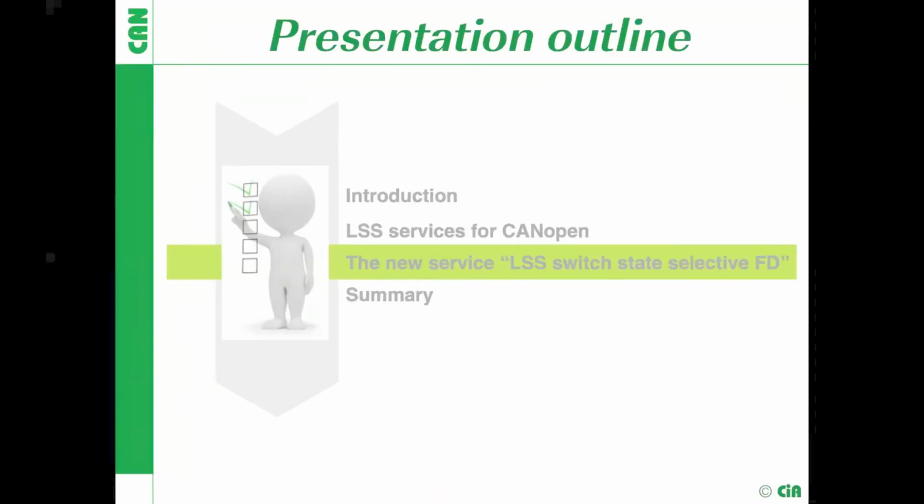Since CiA published the CiA 1301 CANopen FD application layer and communication profile in 2017, the CiA Special Interest Group LSS FD discusses how CANopen layer setting services should be adapted to CANopen FD. The feature of CANopen FD to be used is the extended payload of 64 bytes.